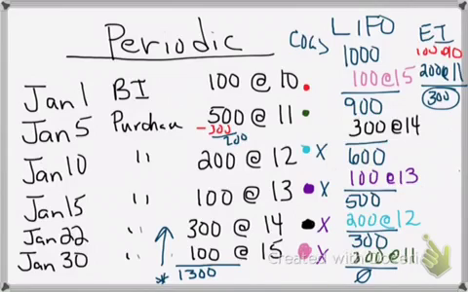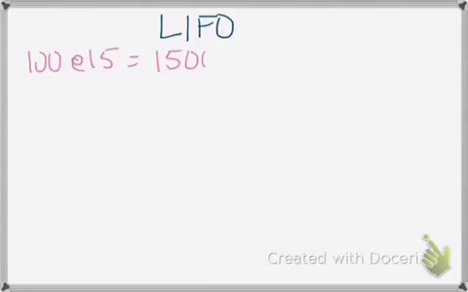So if we go over and look at these, it's going to be a little bit different than the way our FIFO did as far as our totals are concerned. So we would have that 100 at 15 for a total of $1,500.